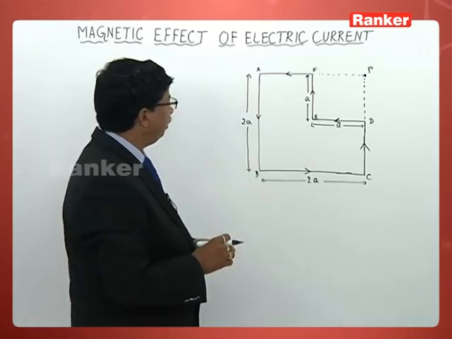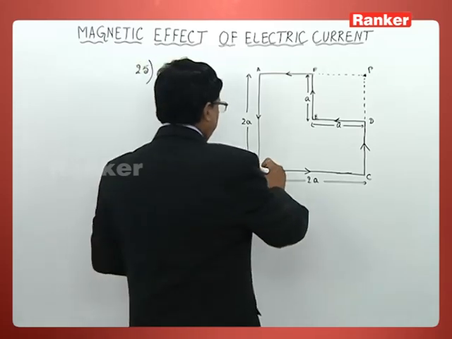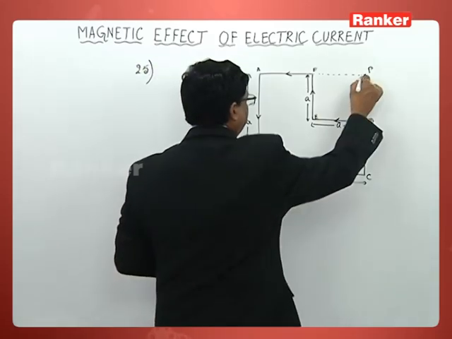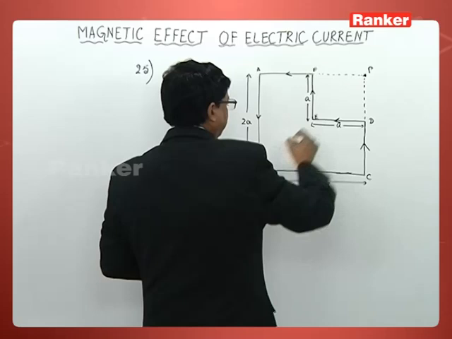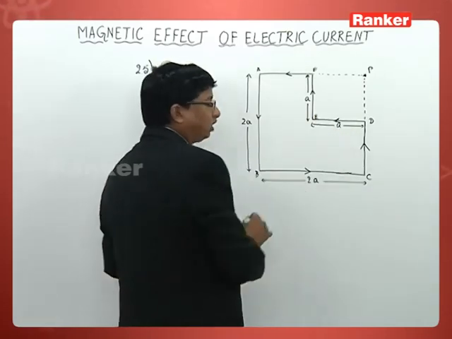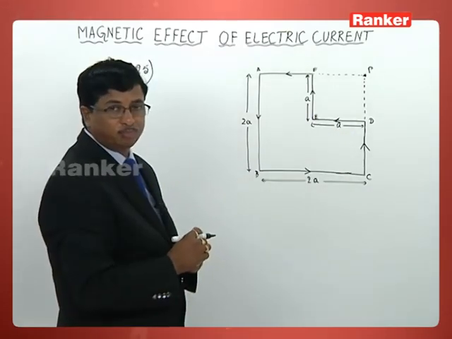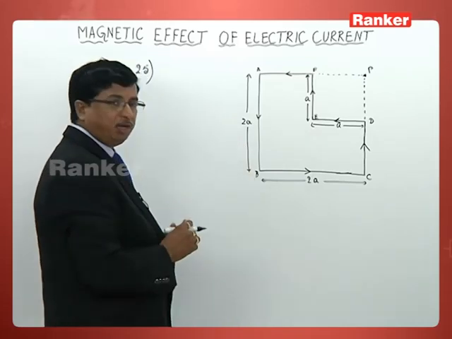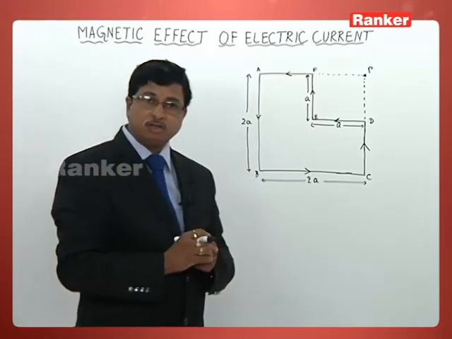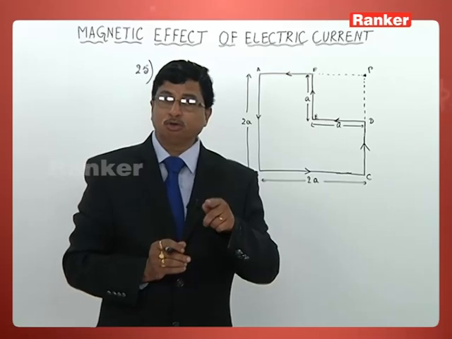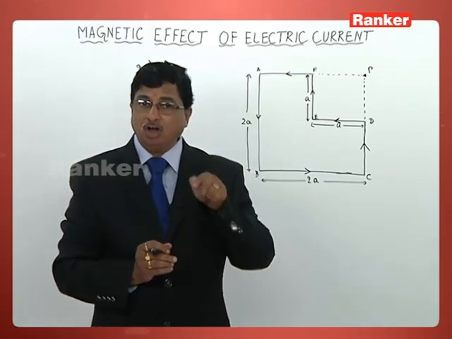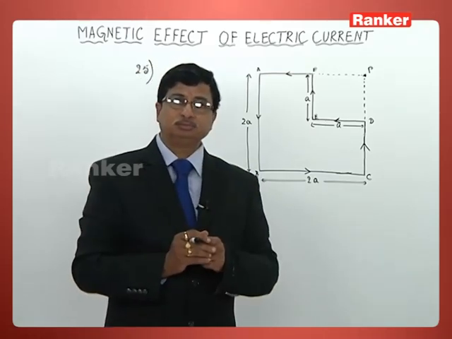Certainly you can understand now, if I just join this point with this point P, you will be getting exactly 45 degrees angle there. So apply the concept of magnetic induction at a point due to a finite long straight conductor.